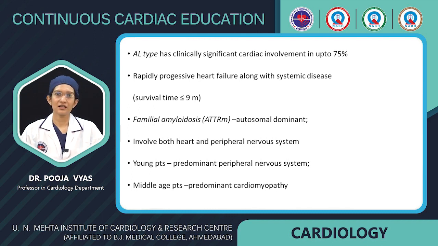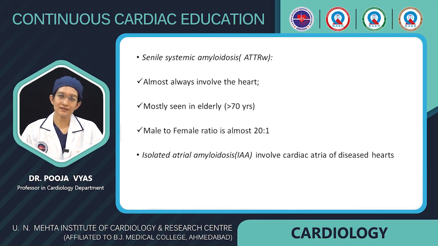If young patients have this type of amyloidosis, they will have predominant peripheral nervous system involvement, and in middle-aged patients there will be predominant cardiomyopathy. In senile systemic amyloidosis, ATTR wild type, we will not be able to find mutations, but it almost always affects the heart.